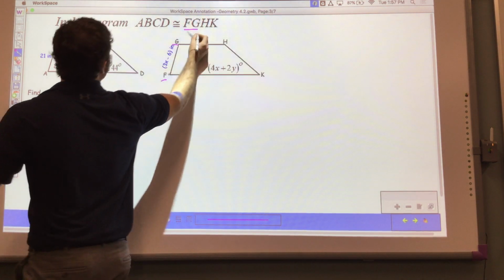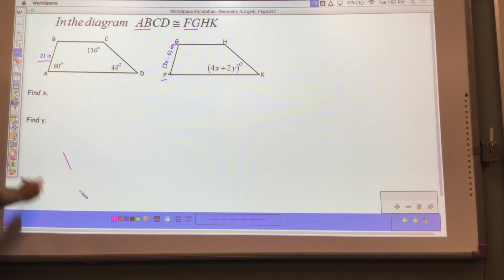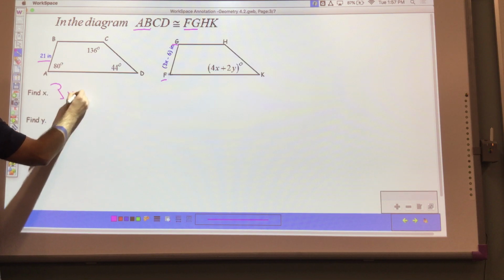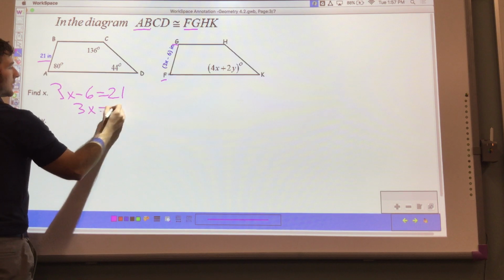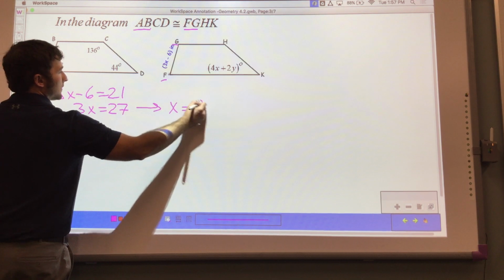But FG, first 2, so that should match first 2, which is 21. So then we can say 3x minus 6 equals 21. So 3x equals 27. X is going to be 9.